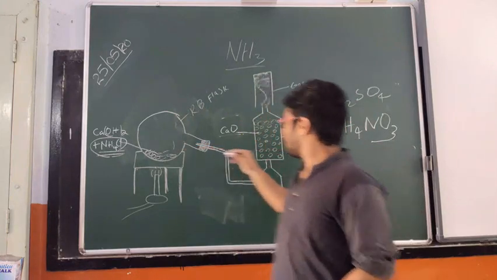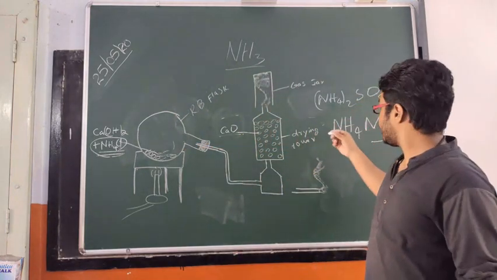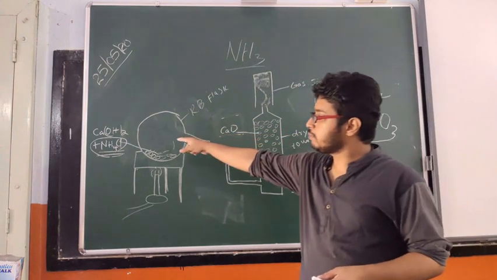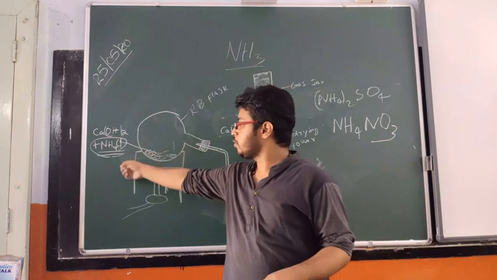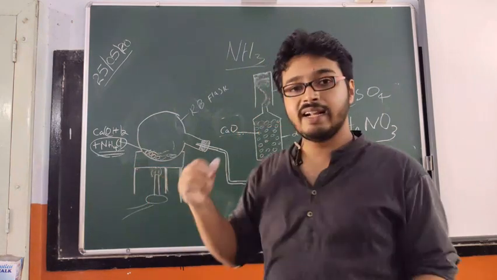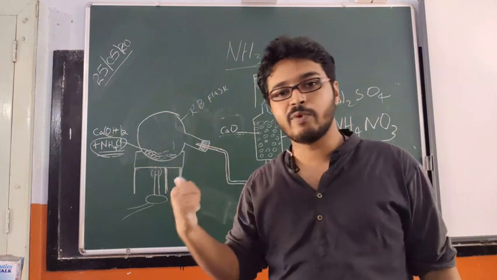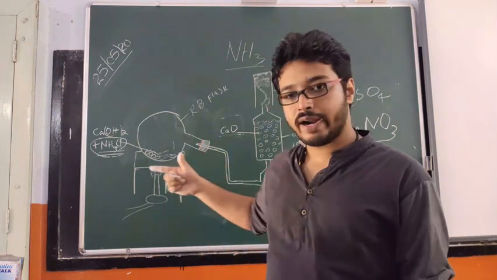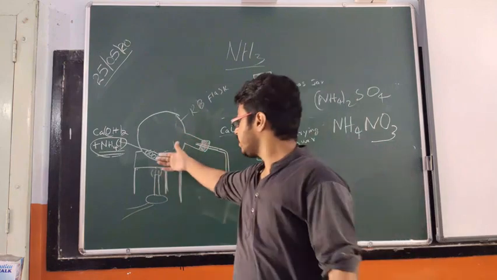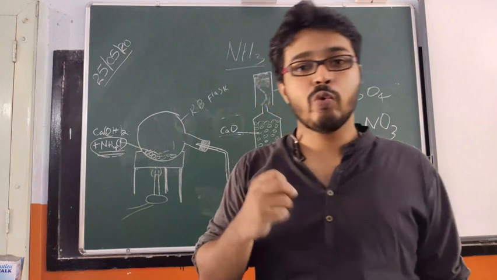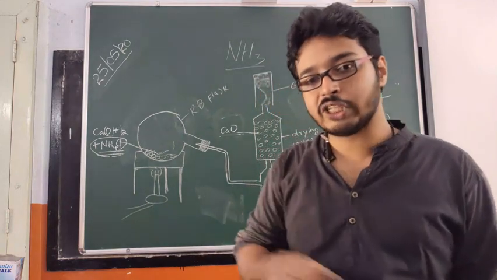The problem is with the products that are formed. Calcium hydroxide plus ammonium chloride forms three products. The first and most important one is ammonia. The second product is calcium chloride, CaCl2, which is solid and will be lying at the bottom. And the third one is water vapor, or moisture.